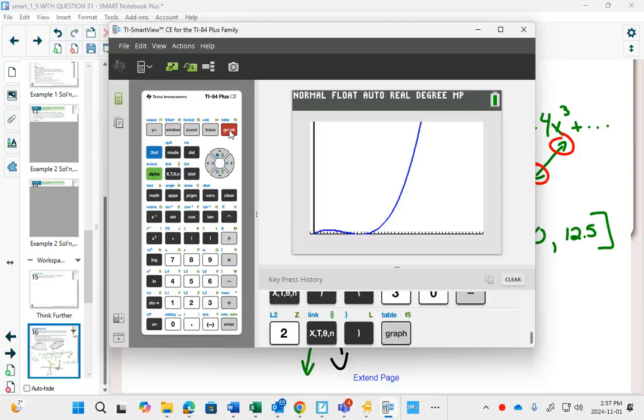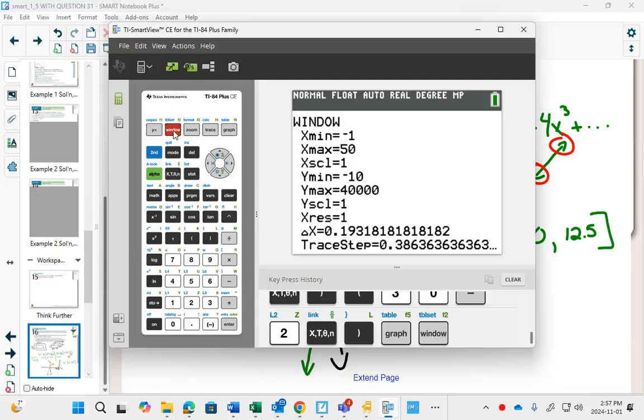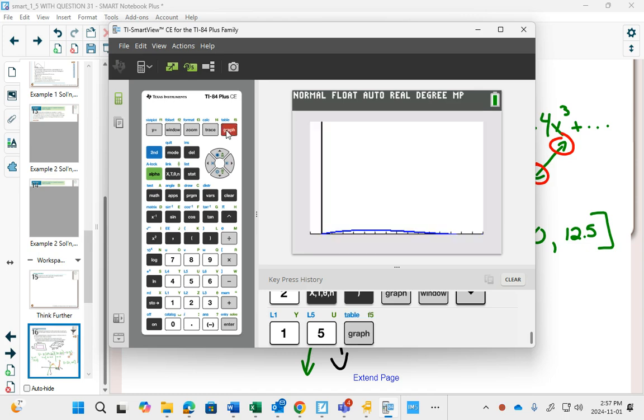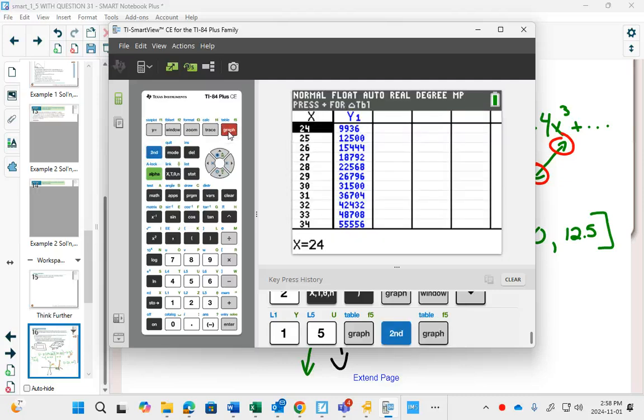You could find the maximum. This is the part that made sense, right? But we might go back to our window and say, well, if I'm only considering up to 12.5, maybe I change my x max to 50. And now when I hit graph, that's still going way too high. So maybe I go to my table of values and check between 0 and 15. How high does it get? Looks like 1,500.